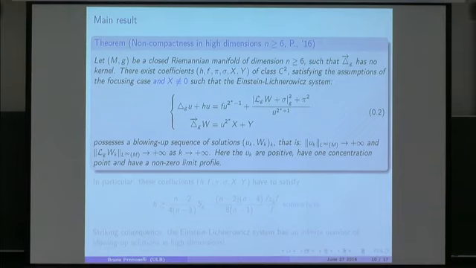So in more tangible terms, we work on a closed Riemannian manifold of dimension bigger than 6, of course, such that this geometric operator has no kernel. So this is a technical assumption, and there is no conformally flatness assumption anymore. What I'm telling you is that I can find coefficients, so h, f, pi, sigma, X, and Y. So I can find a choice of these coefficients which are regular.